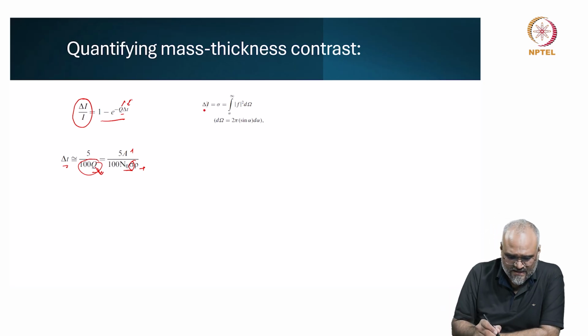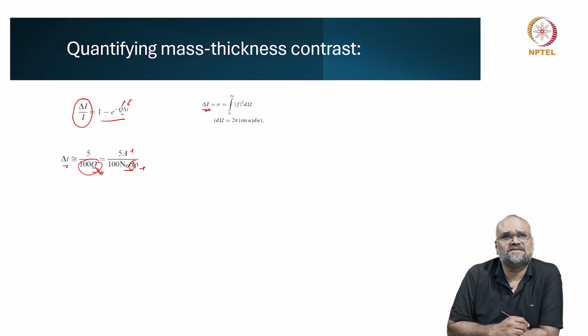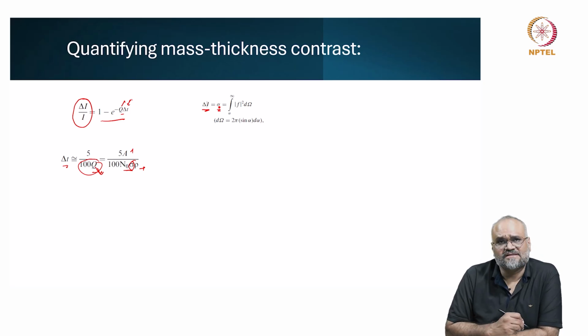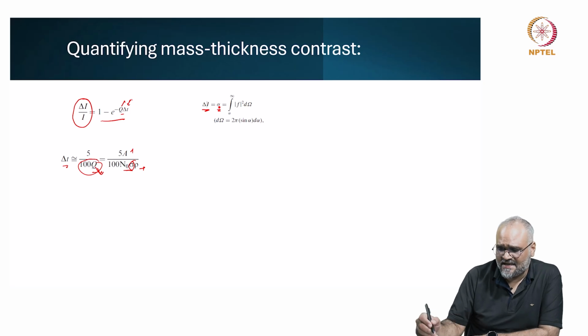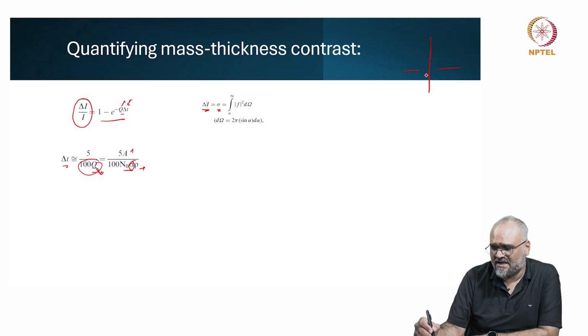Suppose I have delta I, the variation in the intensity. This is simply a consequence of the scattering cross section, and let us say along the electron beam column I introduce an aperture and I am recording.